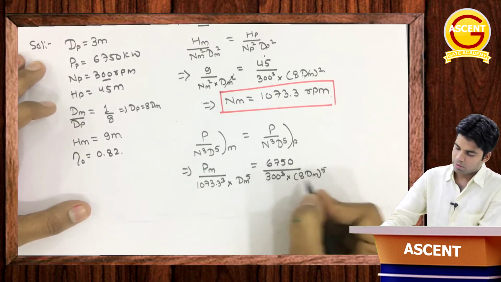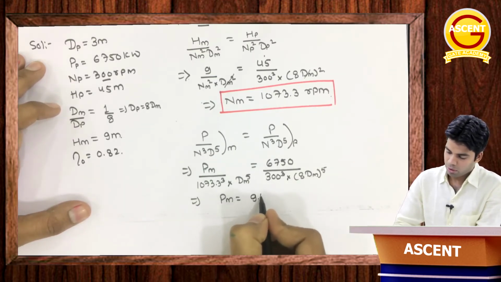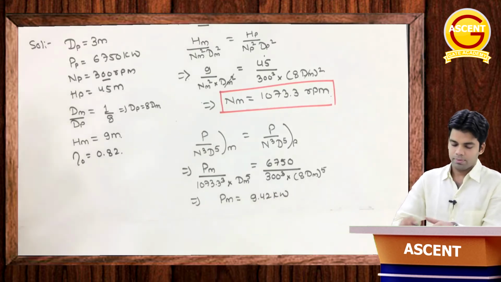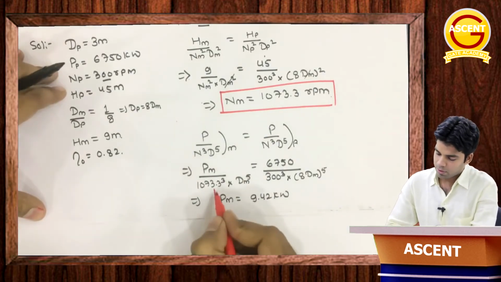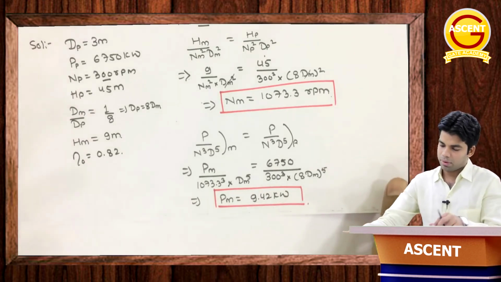So Dm here will be cancelled out and we will get Pm equal to 9.42 kilowatt. Getting this?